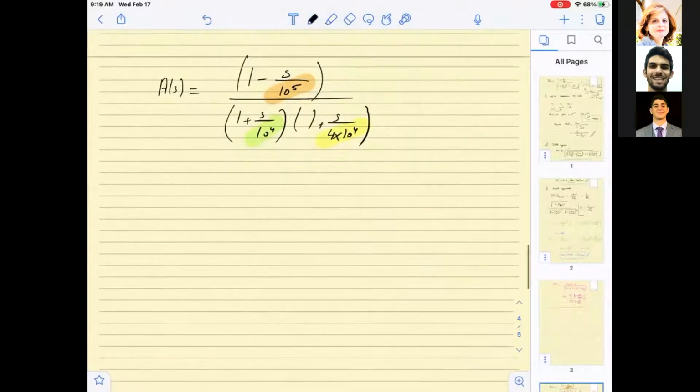So if I want to draw the Bode plot, only for this time, I'm going to start from the initial expression, and later you can use this formula automatically.